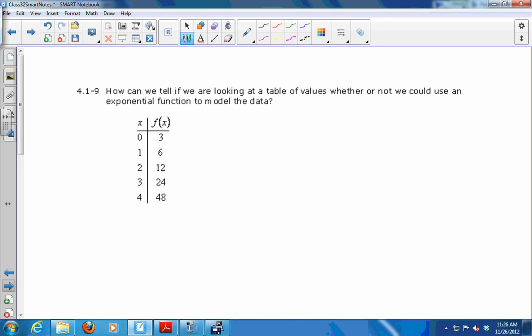So is this exponential growth, this table I've drawn here? Yes, because it's doubling. That's great. If you're always multiplying by the same number to get from y value to y value, that's our definition of exponential growth.